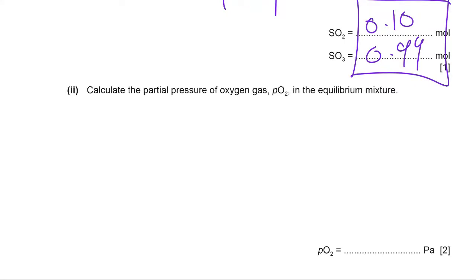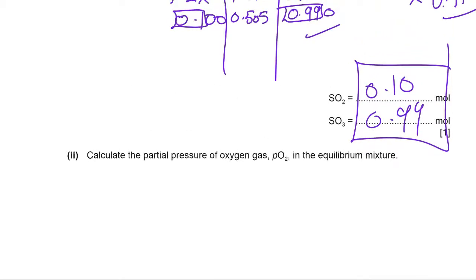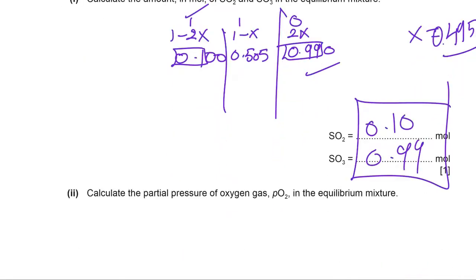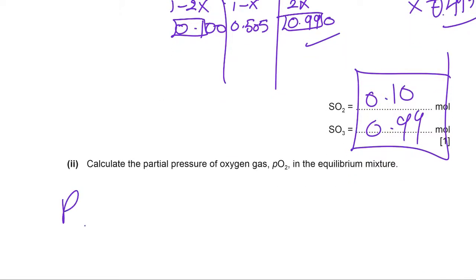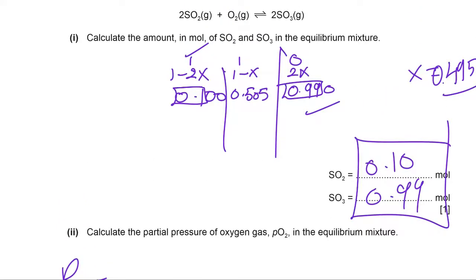Now calculate the partial pressure of oxygen gas. You have the total pressure. Partial pressure equals the mole fraction of oxygen times the total pressure.